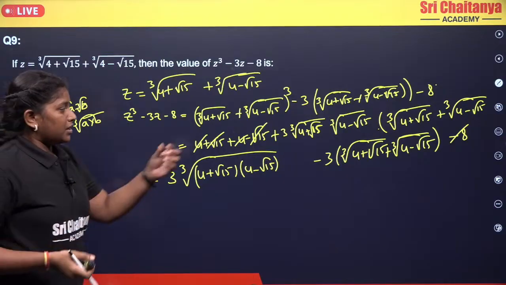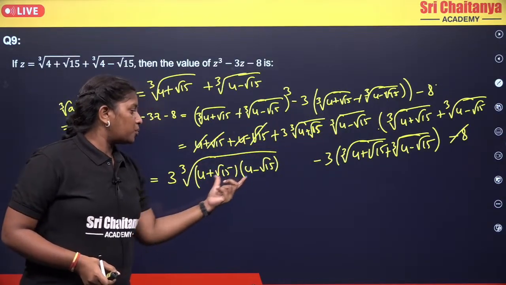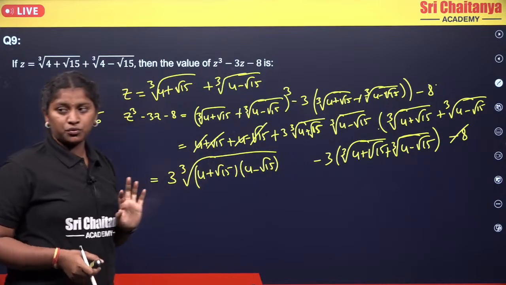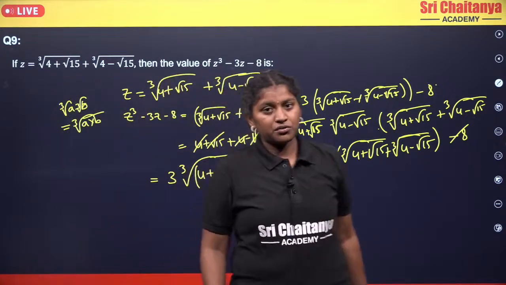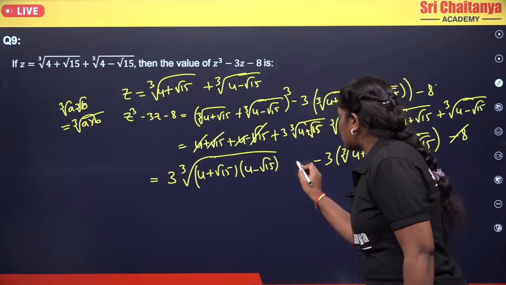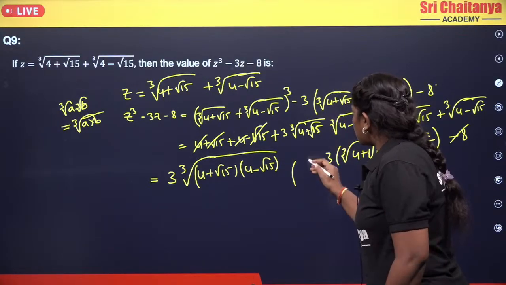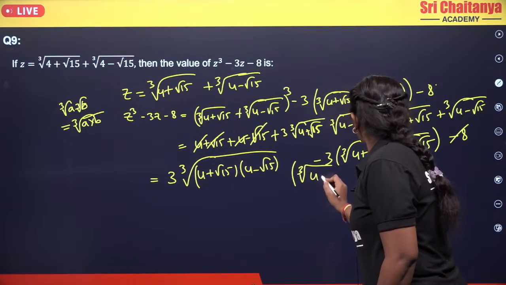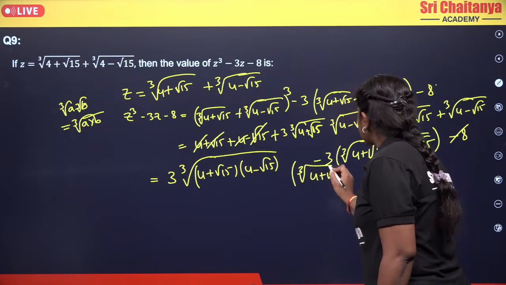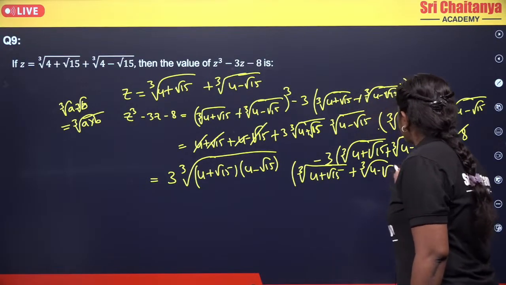So in the same way, cube root of (4 + root 15) into (4 - root 15) can be written as cube root of (4 + root 15)(4 - root 15). So the terms we will be having the same, which we are having as the common term. So here it was cube root of (4 + root 15) plus cube root of (4 - root 15).